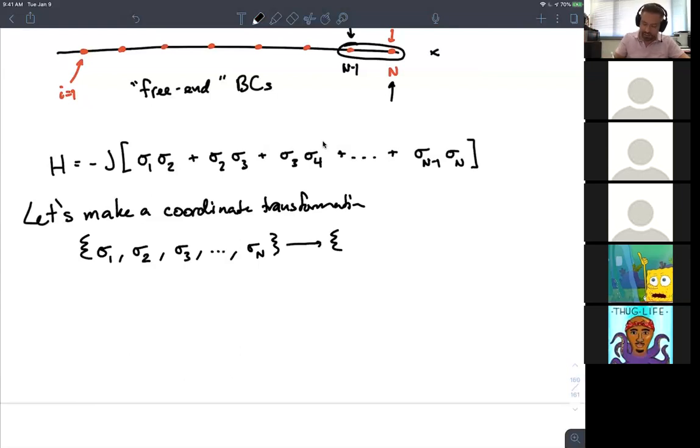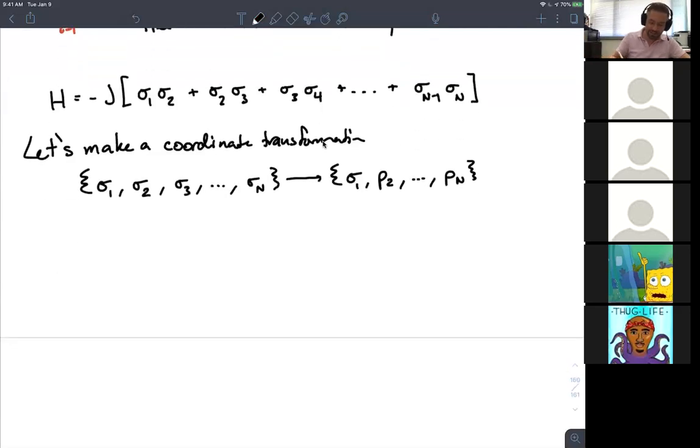And what they're going to look like is this. I don't touch the first spin. The first spin is still the same. But everything else, I'm going to make a new variable called P, all the way up to Pn. Okay, so what is P, you ask? For example, P2, I define as sigma 1 times sigma 2.